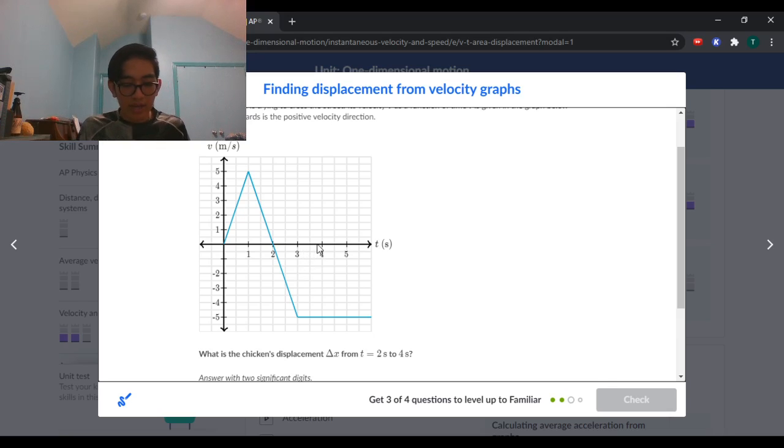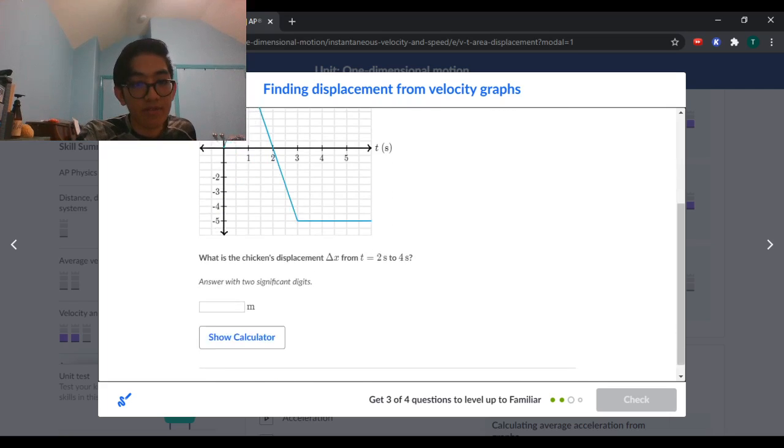So we have a trapezoid with a longer base of 2, a shorter base of 1, and a vertical line of -5. We plug that into our formula for the trapezoid, which is 1/2 times the addition of both bases, so 2 plus 1, times the height, -5. It is -7.5.